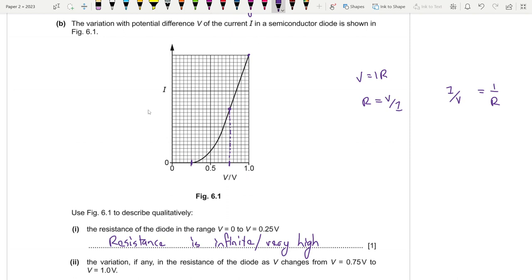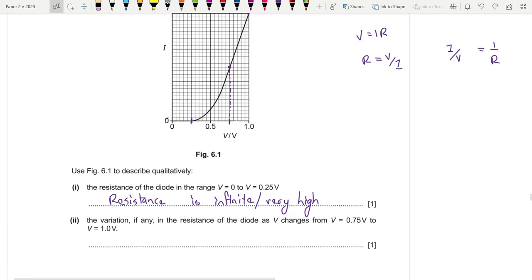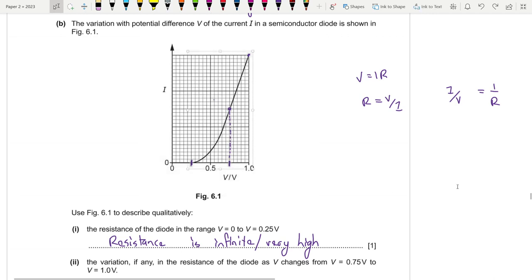But remember, in a diode, it's impossible that it's a straight line. It's actually curved, and it appears to go towards infinity. That's what happens, the gradient.